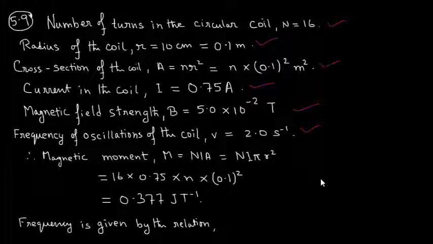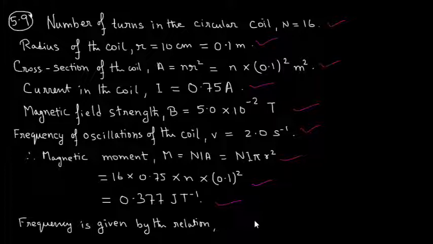Magnetic moment M is equal to NIA, that is equal to NI, instead of A we can write pi r square. Putting the value of N, I, pi and r, we get 16 multiplied by 0.75 multiplied by pi multiplied by 0.1 square. Upon solving we get 0.377 joule per Tesla.